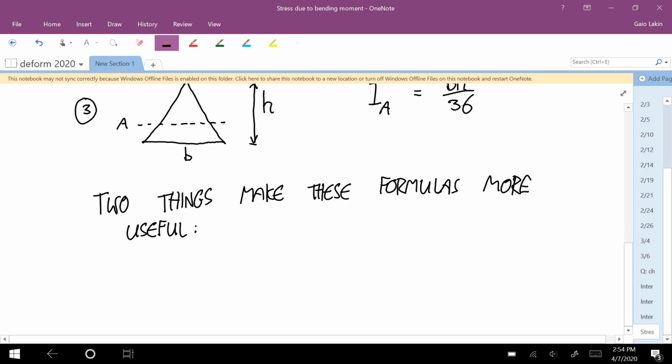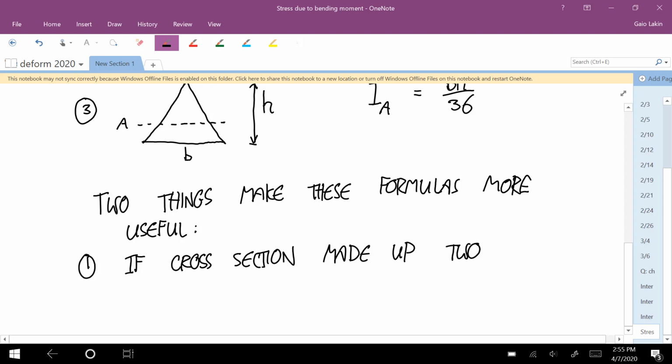The first one is, if a cross section is made up of two or more of these simple shapes, let's say made up of two, but you can obviously keep repeating this to make a more complicated shape.